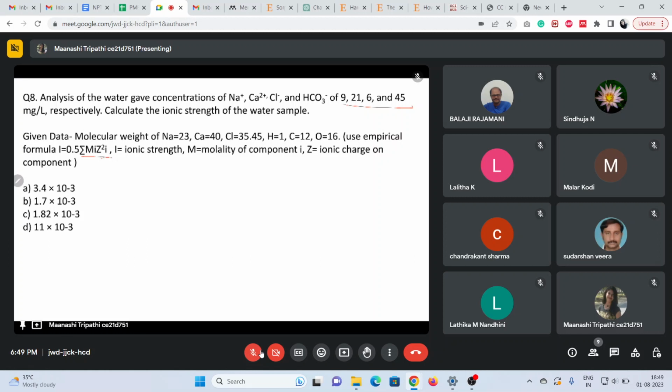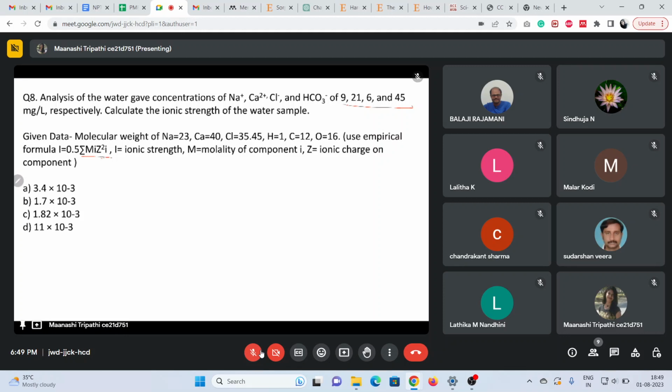So we need to calculate the molar mass as well. And these 1000 are the conversion factors, here also and here also.